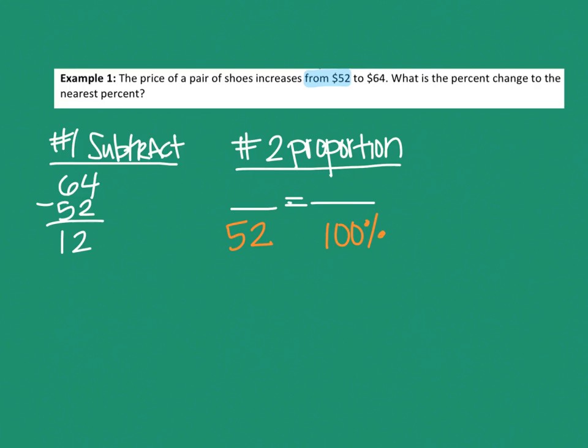Now, the number I got when I subtracted was 12. 12 goes on top. Then I don't know the number that goes over the 100 because it's a percent. At the end of the question, it did say that I need to go to the nearest percent. So that tells me that I can round. I might not get a whole number, so if I get a decimal, I might need to round it up.